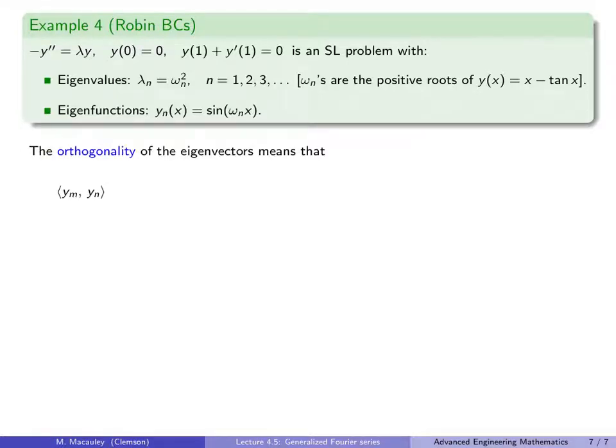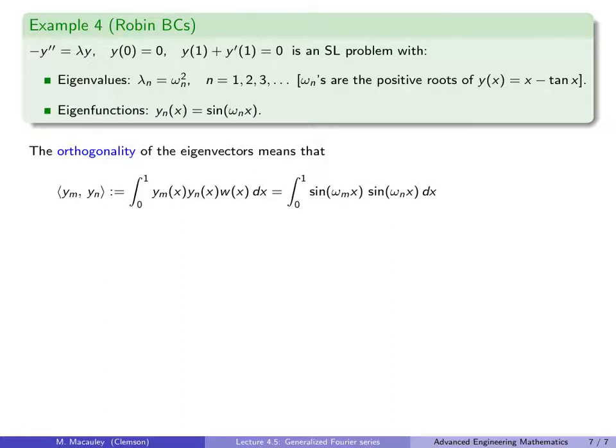So the orthogonality of the eigenvectors means that if you take any two of these sine functions with these weird irrational frequencies, by definition that's the integral from 0 to 1, because we're using 1 for our L here instead of pi. So it's the integral of ym of x times yn of x times the weighting function, which is sine of omega m x times sine of omega n x integrated from 0 to 1.